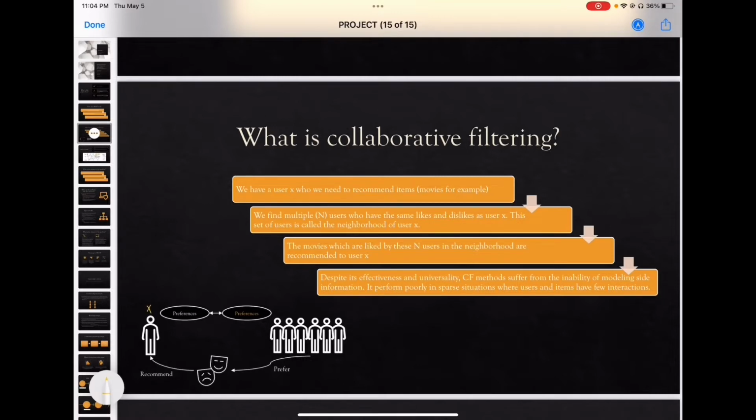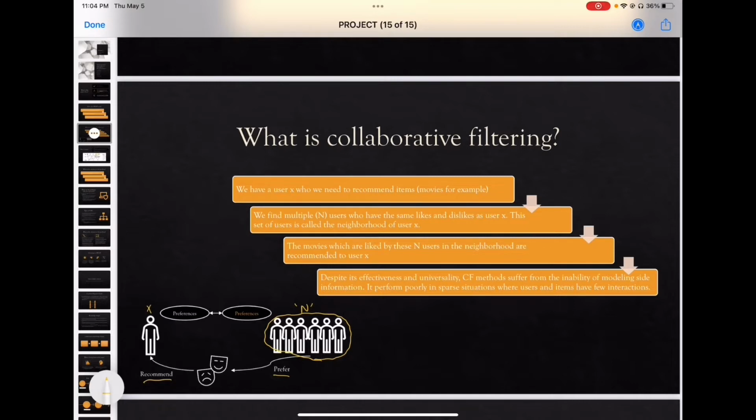We find n multiple users who have the same likes and dislikes as user X. This set of users is called a neighborhood. The movies which are liked by these n users in the neighborhood are recommended to user X.